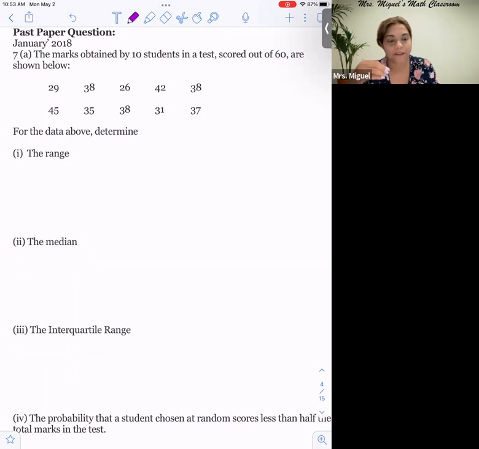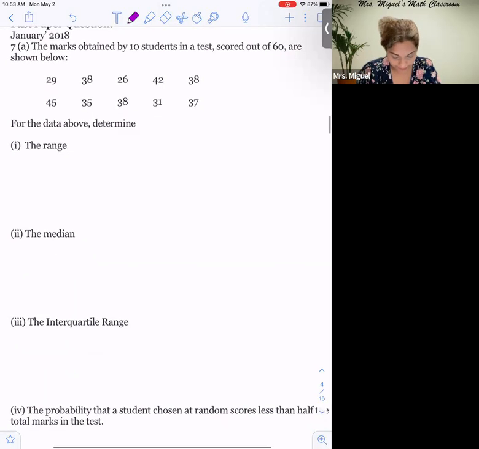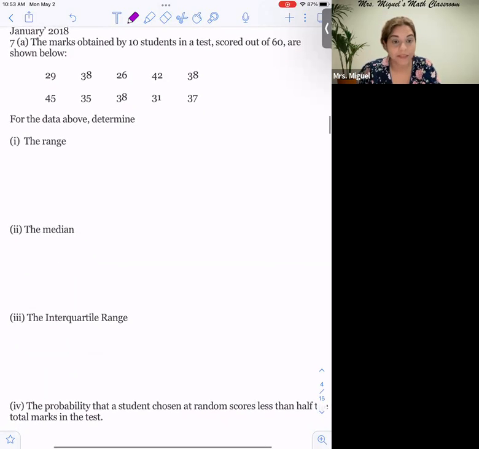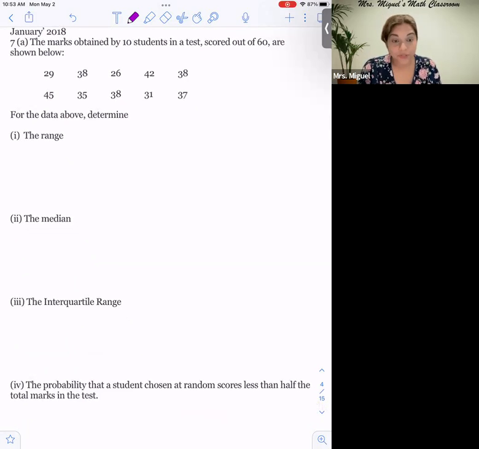I would like you to read the question carefully and find for me the range, the median, the interquartile range, and the probability that a student chosen at random scores less than half the total marks in the test. I'll give you a few minutes and you try it for me, please.